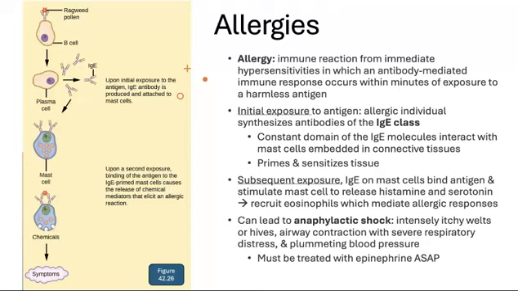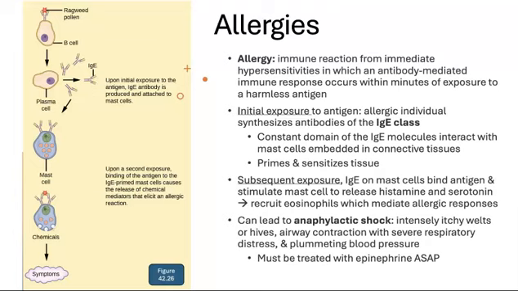So when we first get initially exposed to an antigen, let's say it's this ragweed pollen, we are going to have an allergic individual start synthesizing, through the activation of B cells differentiating into plasma cells, and secrete IgE.